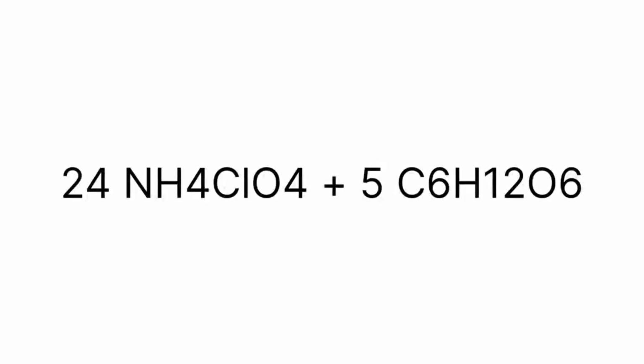This sets you up to have a correctly balanced equation. It's kind of like a cheat shortcut using the power of valences. So what that's going to look like is 24 ammonium perchlorates and 5 glucose. And the reason it's the number 24 and 5 is because ammonium perchlorate, when you originally did your valence calculation for its pyrovalence, you got -5.